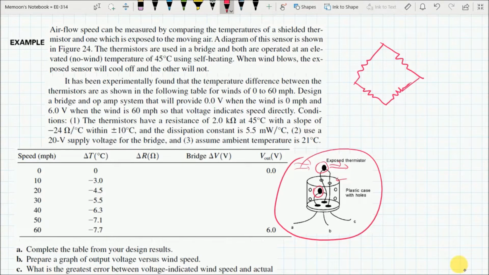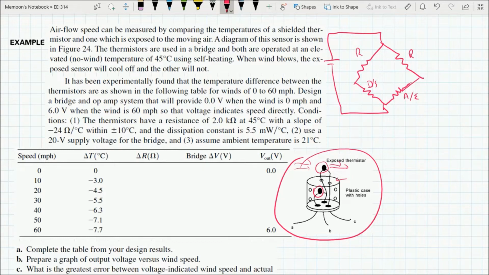So here also we have a dummy and an active temperature sensor, similar to the strain gauges. These two resistors are R. This is your dummy or your shielded sensor, and this is your active or exposed sensor.